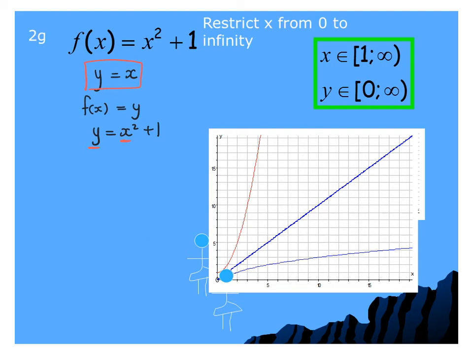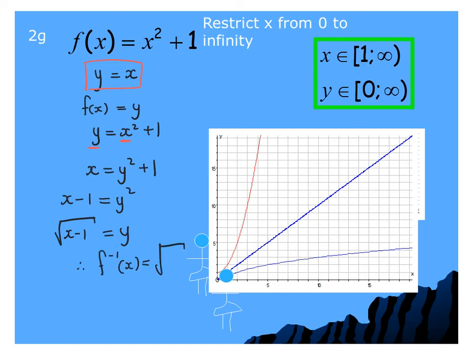And so when we write this out, x equals y squared plus 1. And when I solve for y, I minus 1 from both sides, and what I'm going to do is square root both sides to make y the subject. Therefore, the inverse of our original is described by the square root of x minus 1.